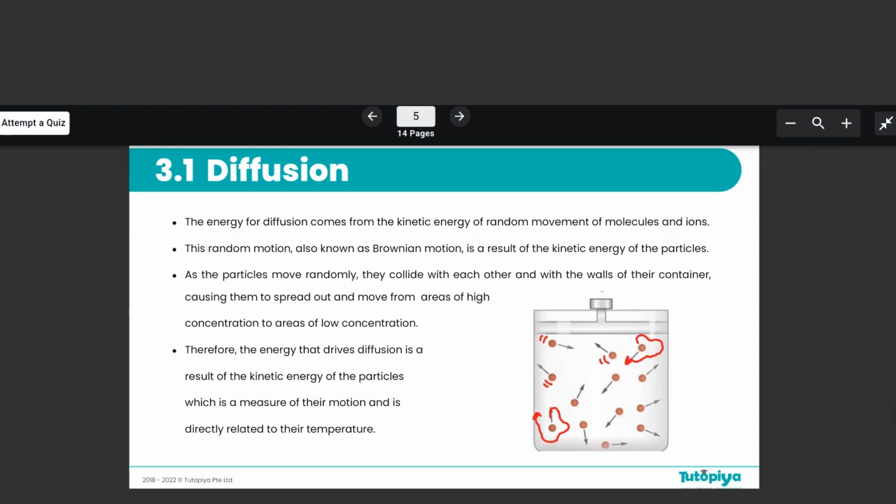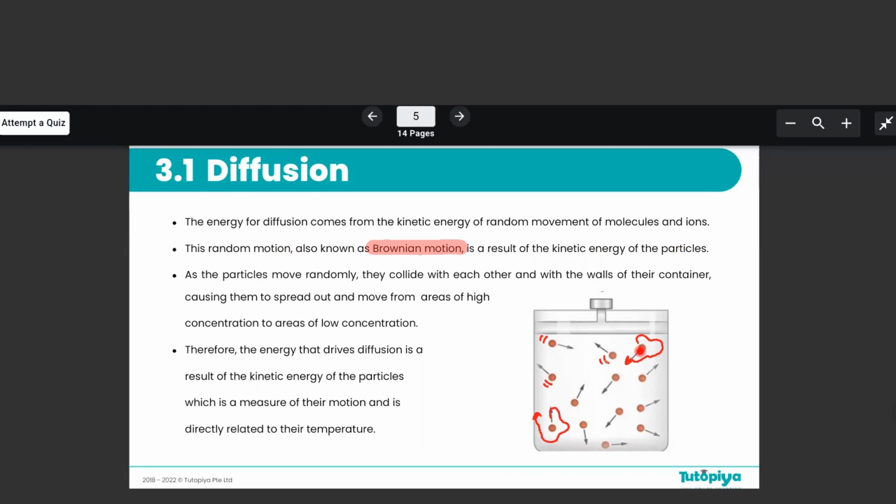So this random motion is known as Brownian motion. So here's a new term for you all to keep in mind. Brownian motion is the random motion shown by molecules and ions. And this random motion is a result of the kinetic energy of the particles.